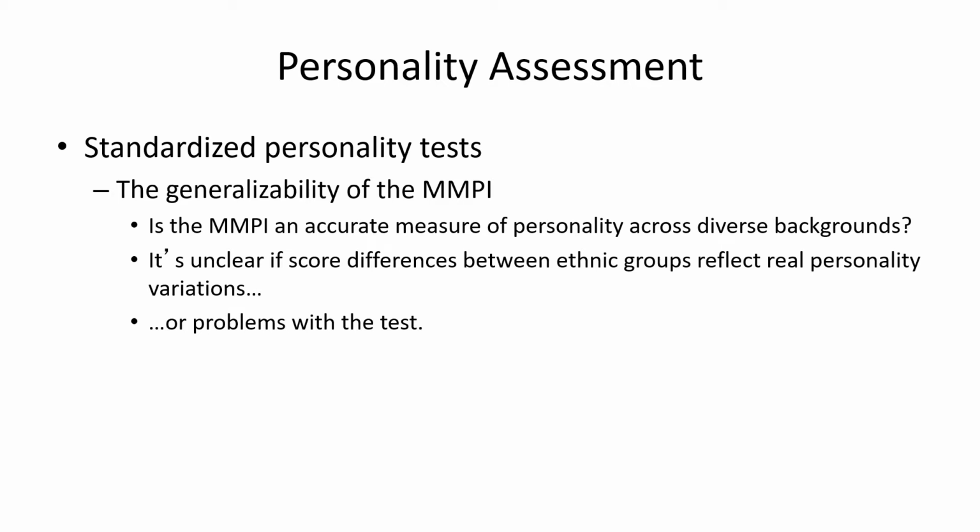Members of a minority population will score high in paranoia, which at first was seen as a sign of increased mental illness, but now, thinking about it foundationally, about the way our society is set up, it makes sense that some people would have some more paranoia, a little bit more distrust of the way that the world works.